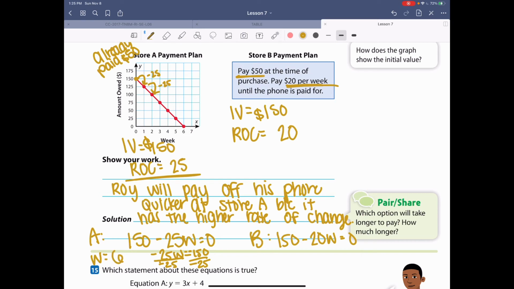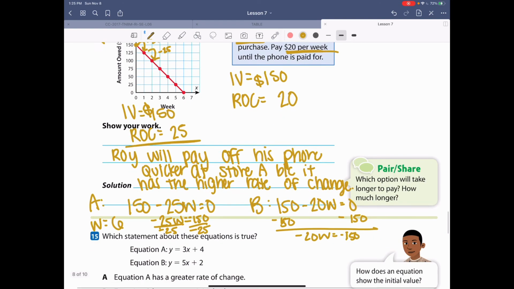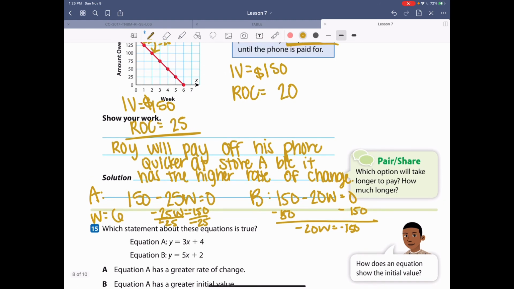And then we'll do the exact same steps for store B. Divide both sides by negative 20.